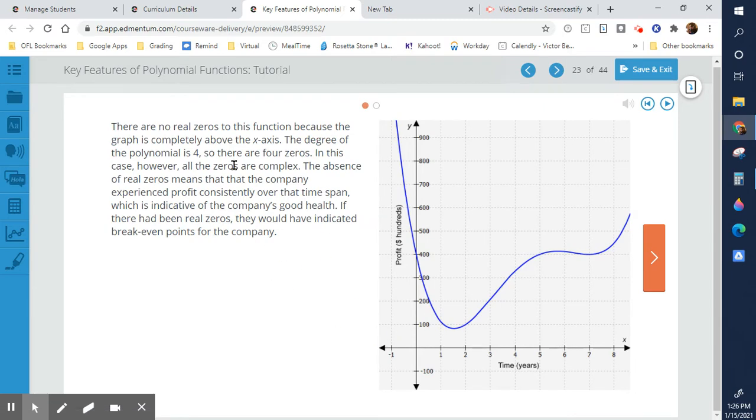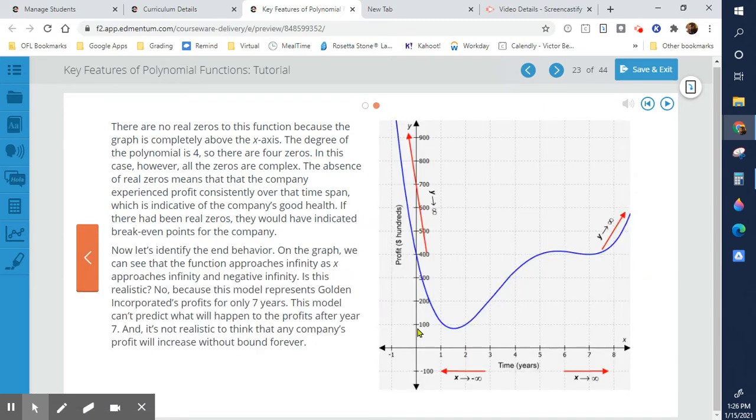All right, now we're going to be talking about our zeros. Well, this doesn't have any zeros. It never touched the x-axis. But we can talk about our end behaviors. So this says, as we're going to the left, as x approaches negative infinity, our y is going to positive infinity. And this one's saying as x approaches positive infinity, as we go to the right, our y also approaches positive infinity.